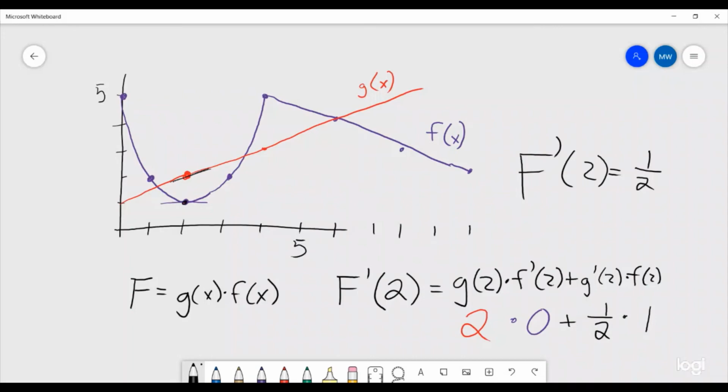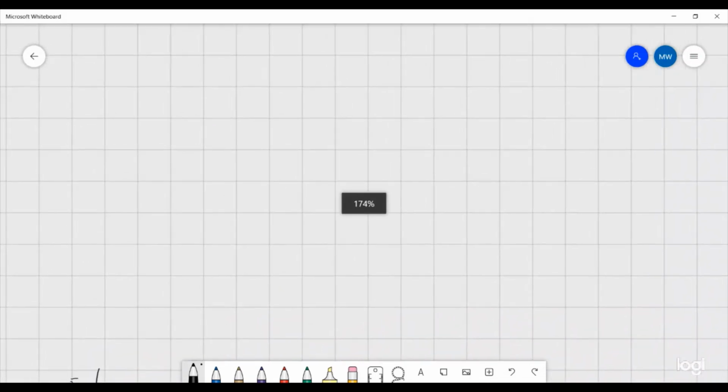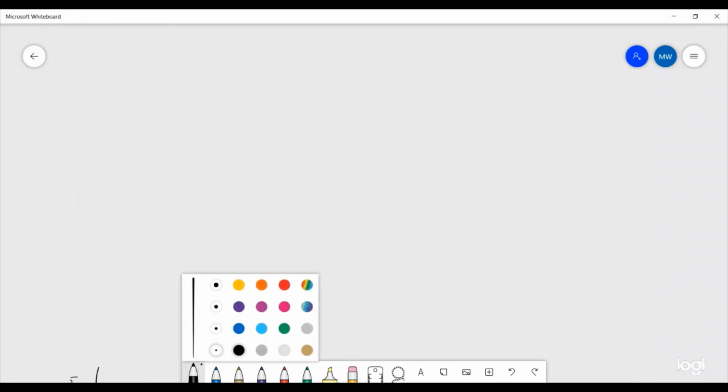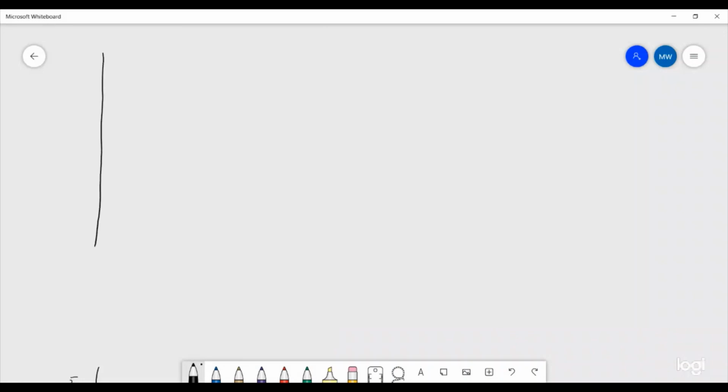Let's see what to cover now. Okay. Similarly, we might be asked to graph a function given different conditions. So let's say that we are given... Is that enough? No. Alright.